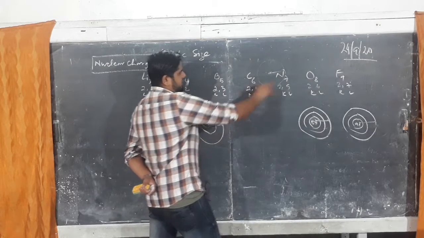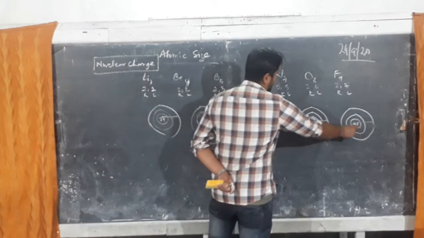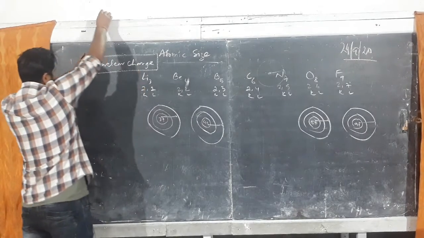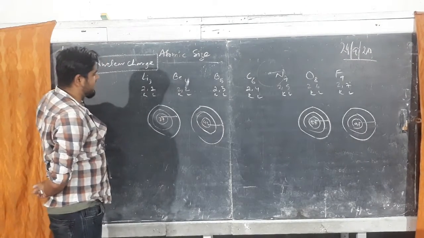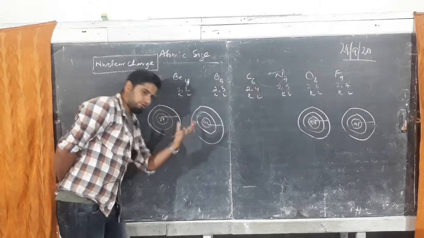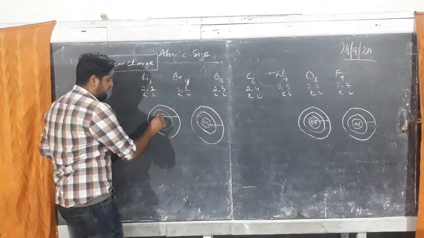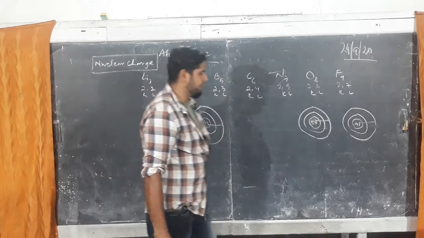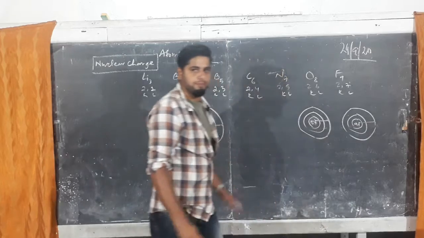Similarly 5, 6, 7, 8, and 9 nuclear charge. What this nuclear charge does is pull the outermost electrons towards itself. So here we have 3 pulling power, here we have 9 pulling power.